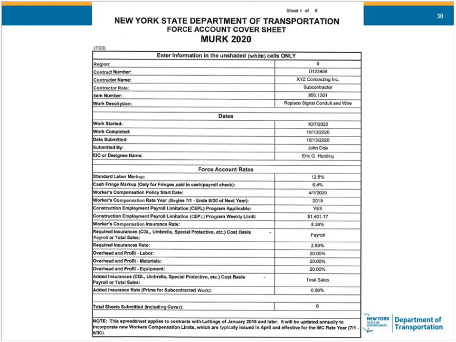Region D number, contractor name, are they subcontract or prime contractor, item number, work description, work start, work complete is going to come from your MERC 31s, the date they submitted by, and the EIC or the designee, normally the EIC. Standard labor markup and fringe markups are fixed cells. You can't change those. Workers' comp policy date, that you'll get from the policy they submit.